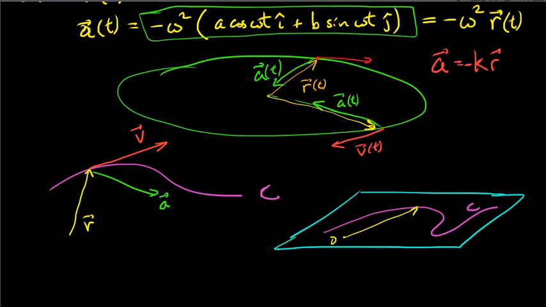You have your usual velocity vector, almost horizontal, almost this way. So that's your velocity. The acceleration vector has to point in some direction in the plane. It can't point outward like this. It has to be in the same plane as r and v.